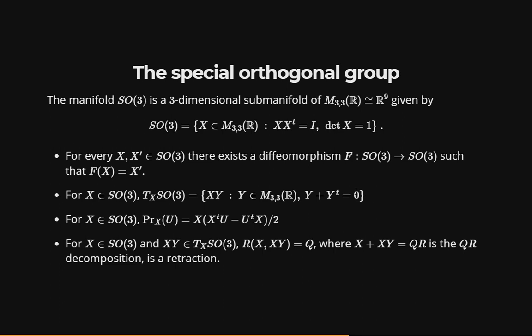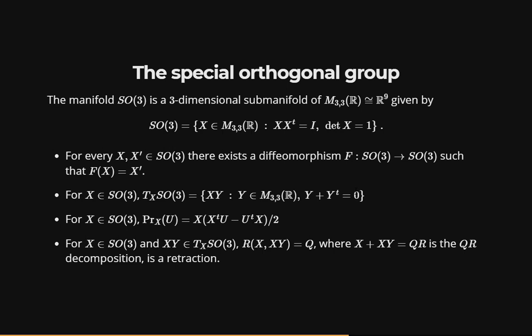I'm saying the QR decomposition because I suppose that the diagonal elements of R are non-negative. Under this hypothesis, the decomposition is unique. So you have one orthogonal matrix Q and one upper triangular matrix R with non-negative diagonal entries such that this holds. Now, this is a retraction.